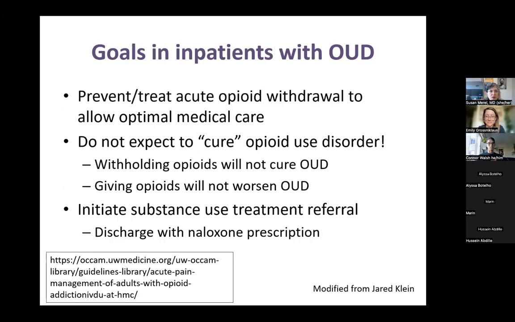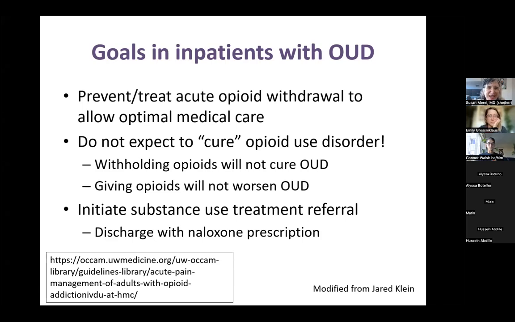All right. So conceptually, the goal in inpatients with opioid use disorder is to prevent or treat withdrawal so that they can get good medical care, right? This sounds funny to say out loud, but I think deep down, sometimes we feel like, oh gosh, this person has a serious problem and I don't want to give them more opioids because it could make it worse, right?